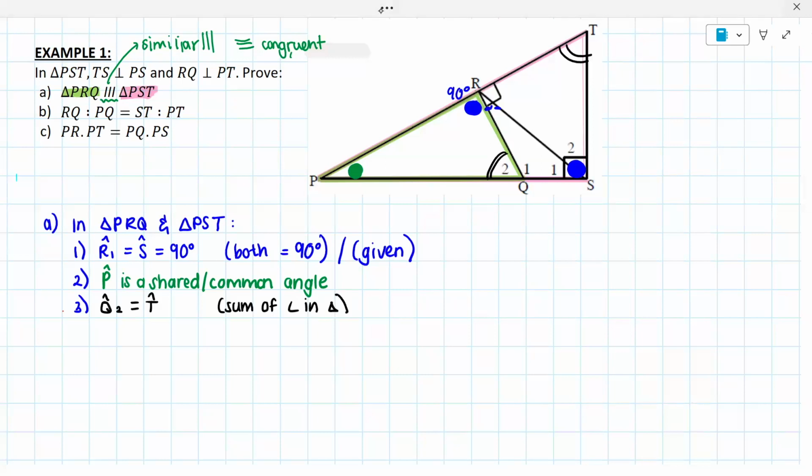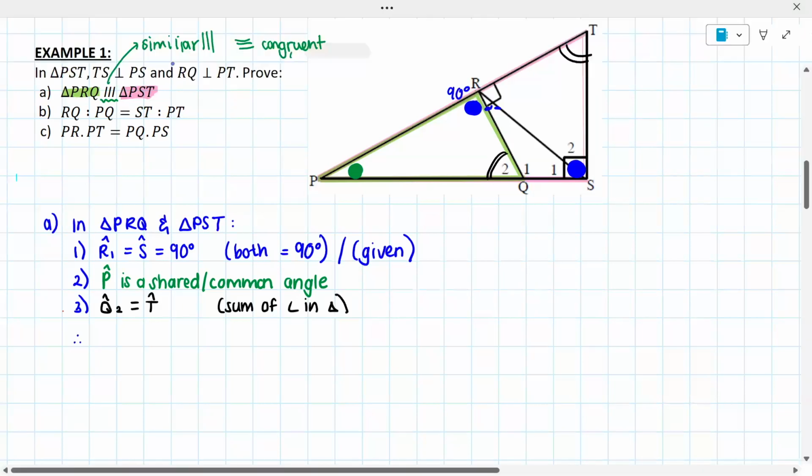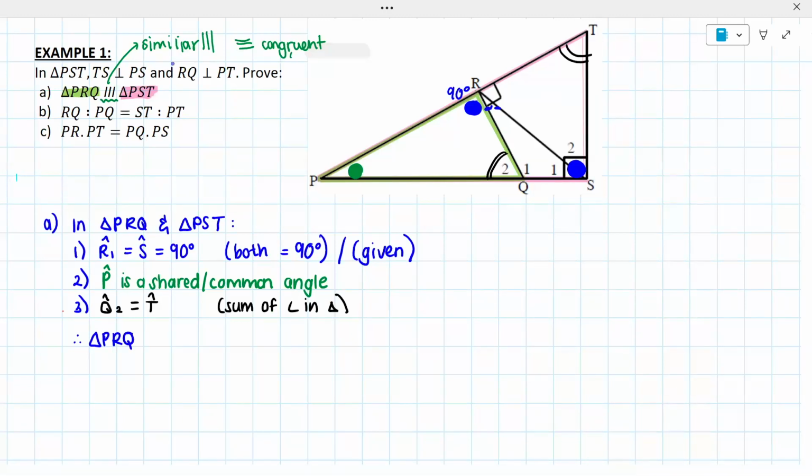Now that we've got the 3 angles similar, we can now make a statement that triangle PRQ. Now we need to make sure my letters match up. So angle P in the pink triangle was the green dot, and that corresponds with the green dot in my green triangle.